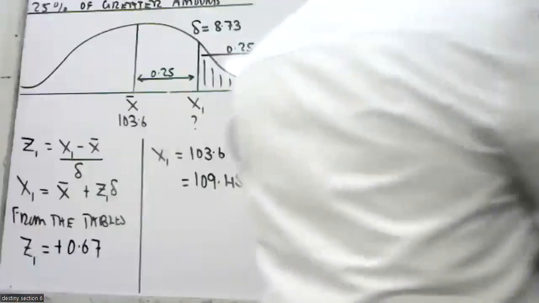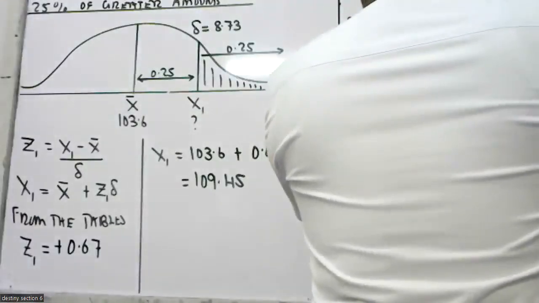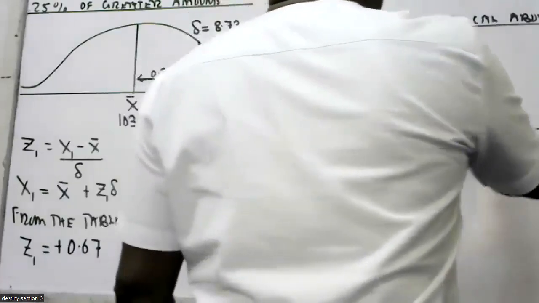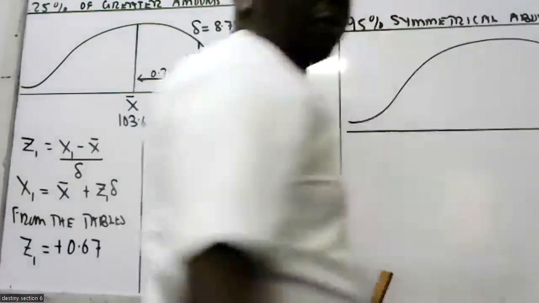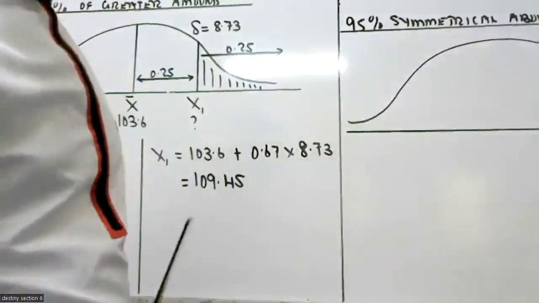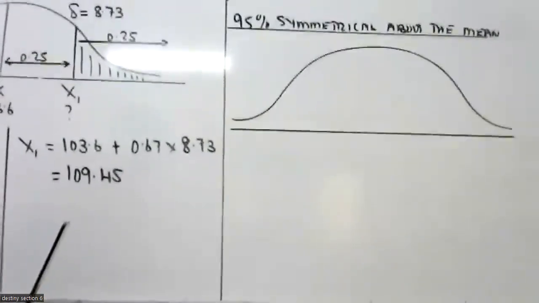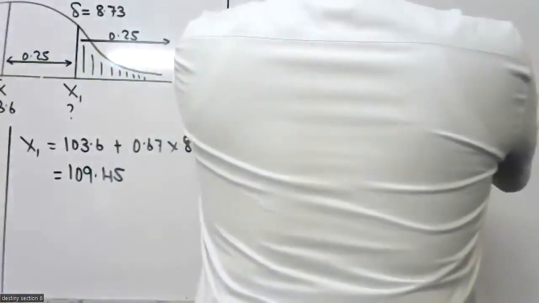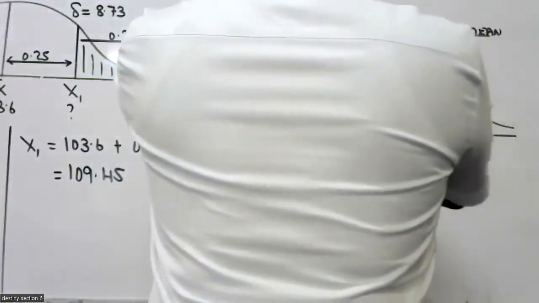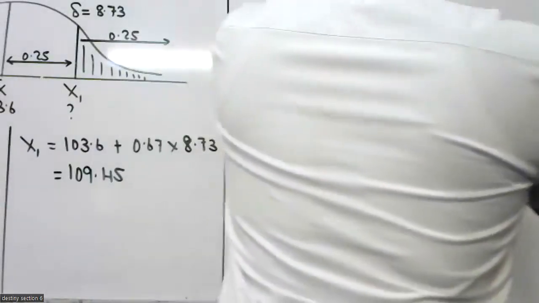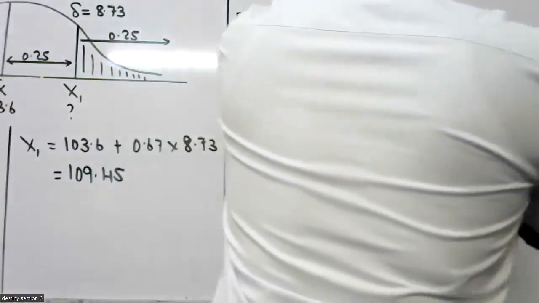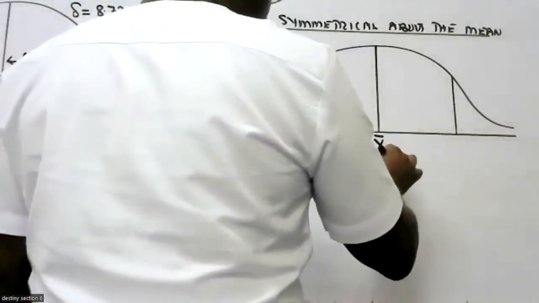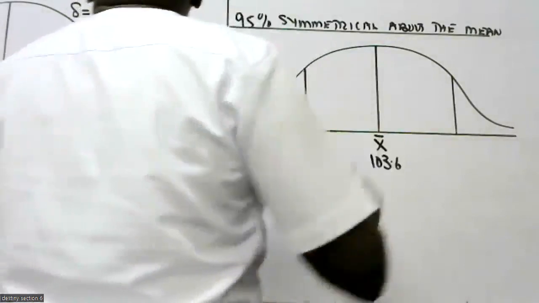So what we do is again you have your table, and here this is the mean, 103.6.